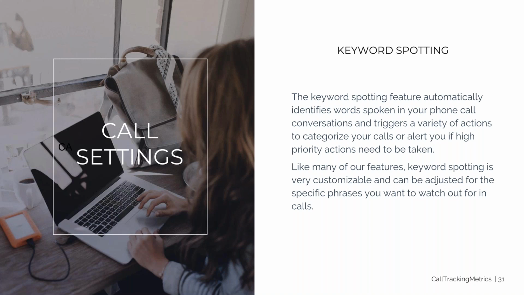So pretty cool. Another example is wrong number. Occasionally we get people who simply have the wrong number or are looking for another business. In these circumstances, if someone says something like wrong number or wrong company, we can tag the call as wrong number, remove the website visitor information, because in that case it's probably a bad match, and then score the call with a 1 star, or even exclude the call from the call log.